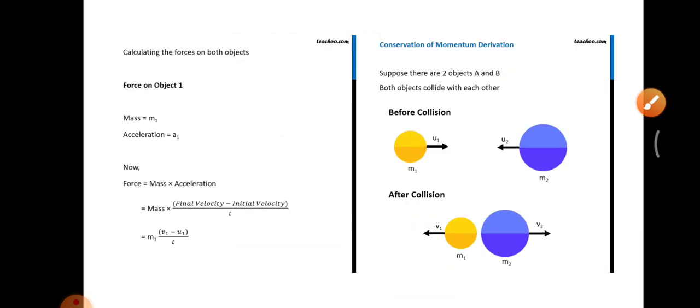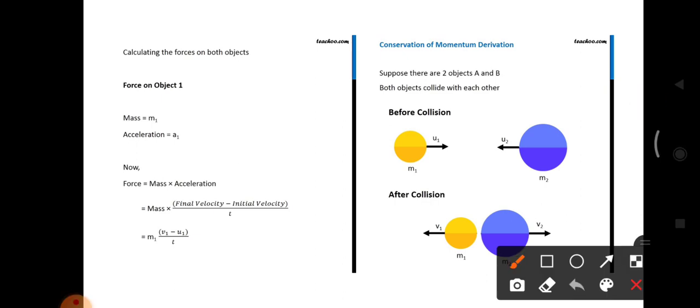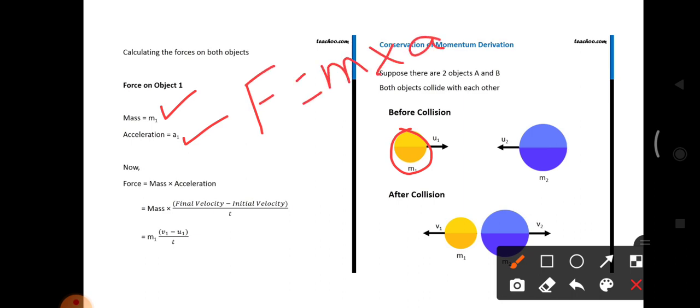So calculating the force on both objects. Force on object 1. It has mass m1, acceleration a1. Because how to find the force? Force equals m into a. We have to know the value of m and also a.